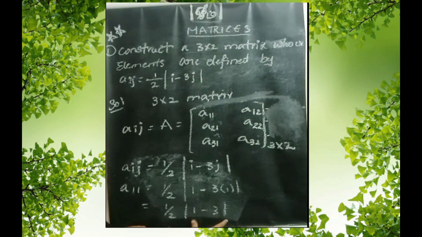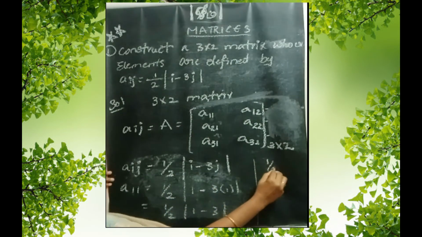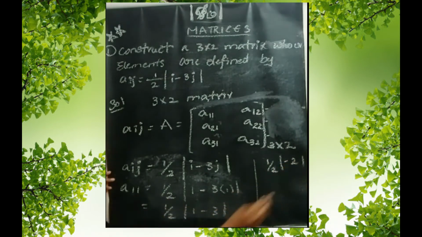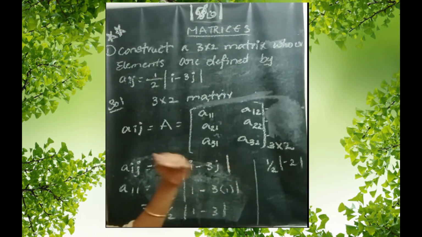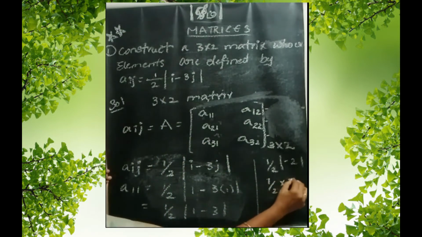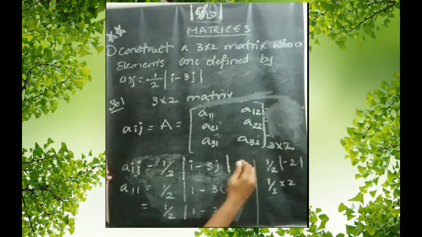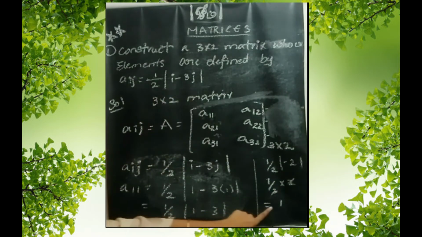This is the mod. Okay, don't confuse between matrix and mod. 1 by 2 into mod of minus 2. If there is a mod and a negative inside, we convert it into positive. So 1 by 2 into 2. The mod removes the negative sign. So the value of this A11 is 1.